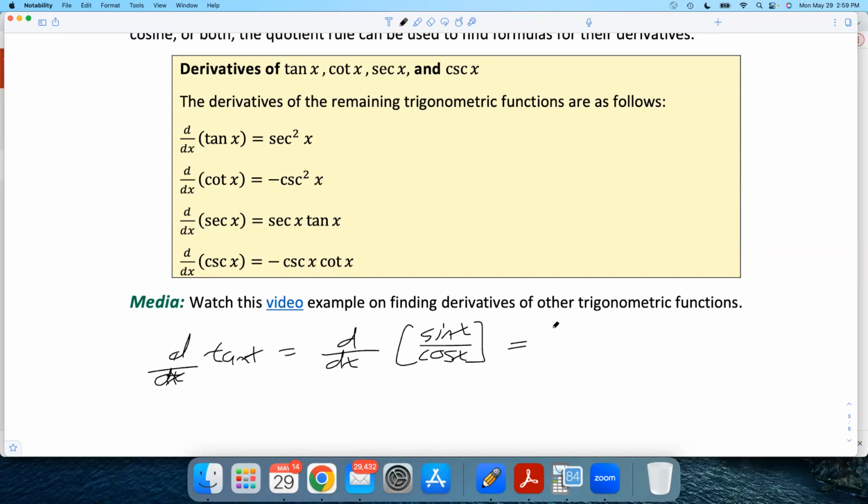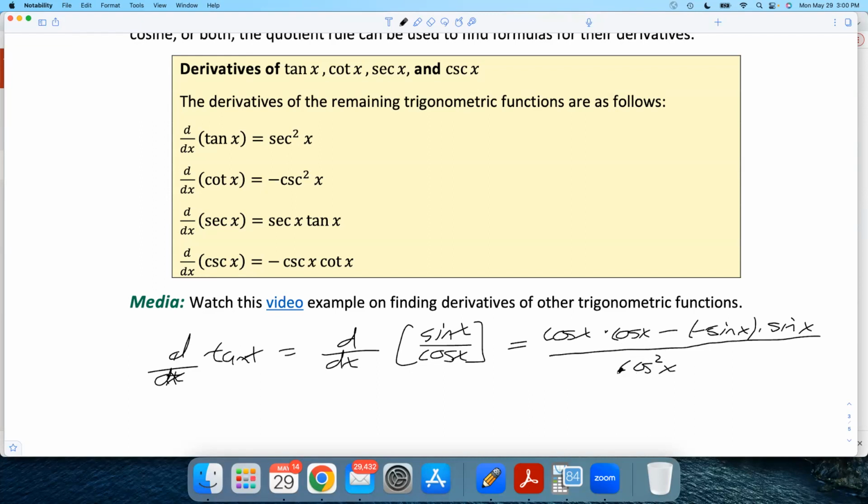That would be derivative of the top, derivative of sine is cosine, times, leave the bottom alone, minus the derivative of the bottom. The derivative of cosine is negative sine, times, leave the top alone, all over the bottom squared.